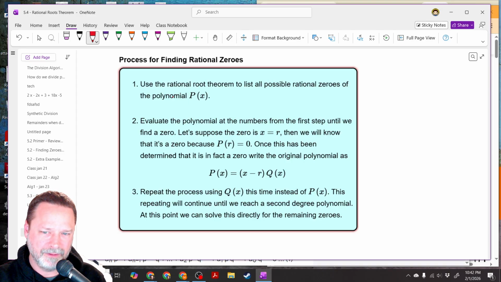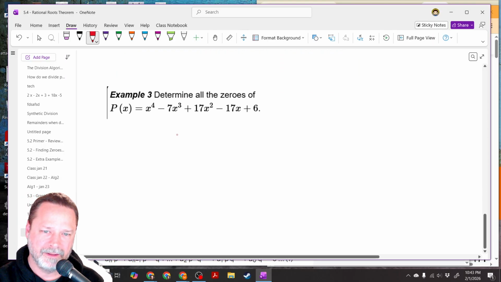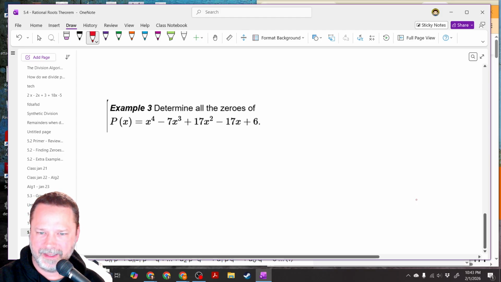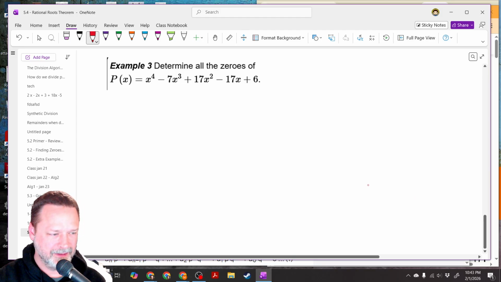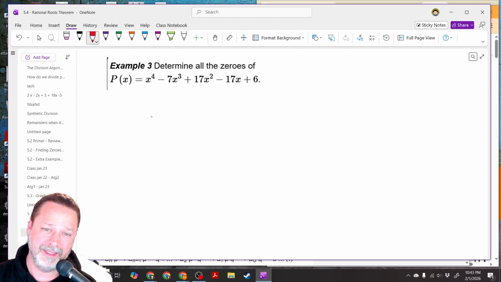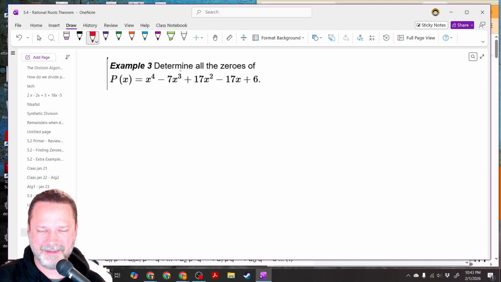Well, use synthetic division to factor out the factor that corresponds with that root, and keep going. Do it over and over again until we have our polynomial factored all the way and we find all our roots. It's very, very simple, but here it is. So now that we've gone over all of that, let's do an example. I'm a little hesitant because I know it's going to be long. This video is already 4.5 minutes. But let's go ahead and take a look at this example.